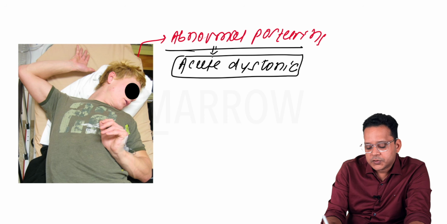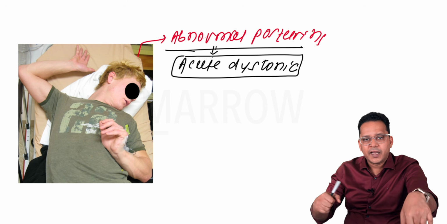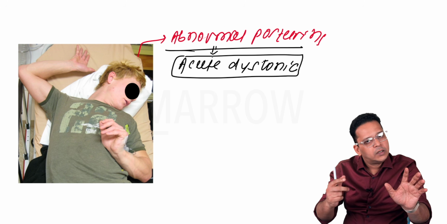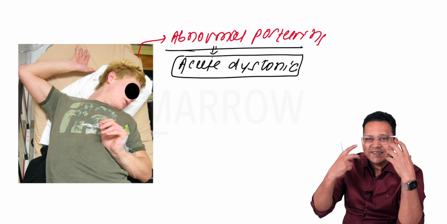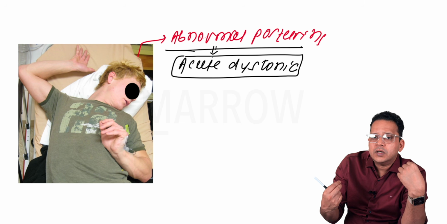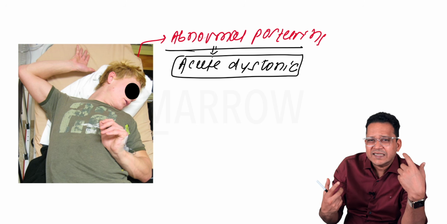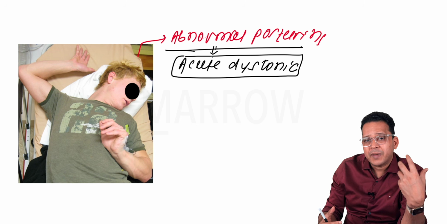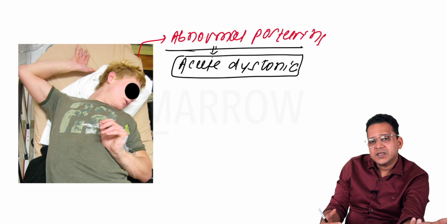Now, in acute dystonia, what happens is, apart from an abnormal posturing, torticollis, uprolling of eyeballs, you can also see a facial expression that is similar in response to severe pain, like this. This is called as what? Facial grimacing. So that is seen in acute dystonia.